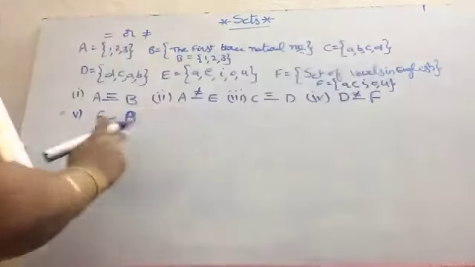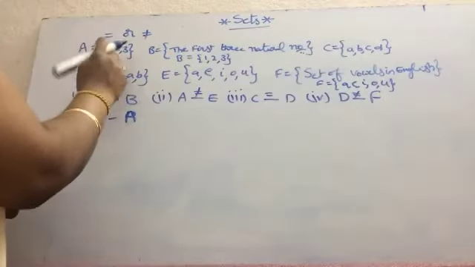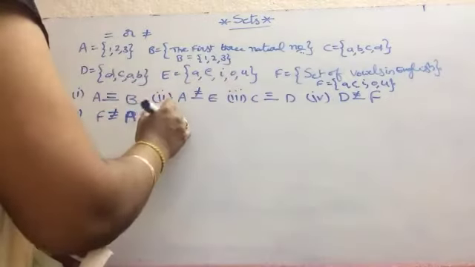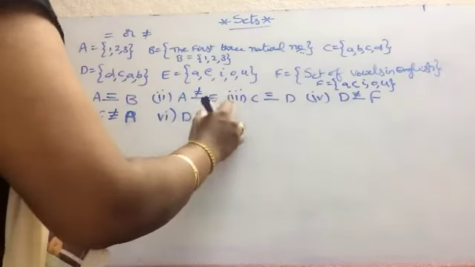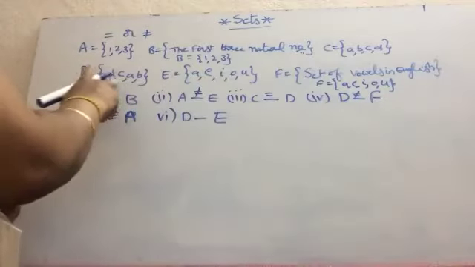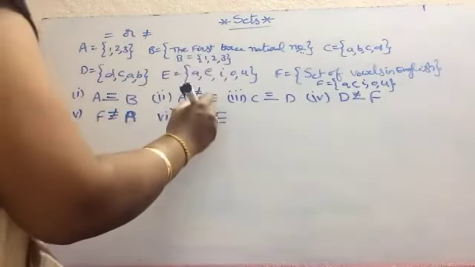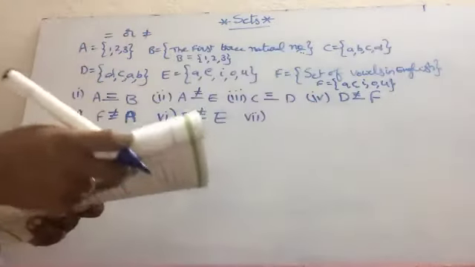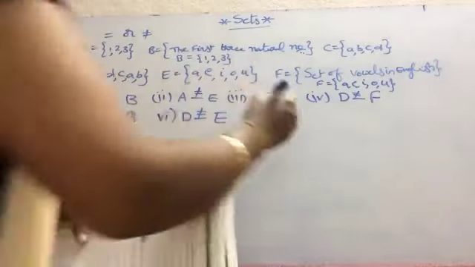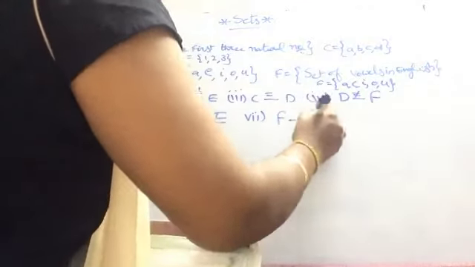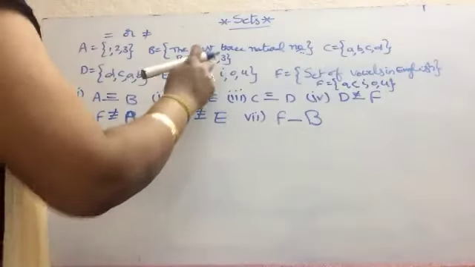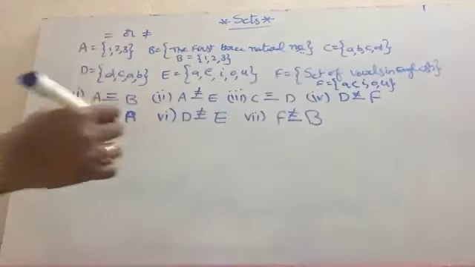A, E, I, O, U. And the values of A? 1, 2, 3. Not equal. And next, D, E. A, B, C, D and A, E, I, O, U. So not equal. And next, F, B. The values of F are the set of vowels, A, E, I, O, U. The values of B are 1, 2, 3. So not equal.